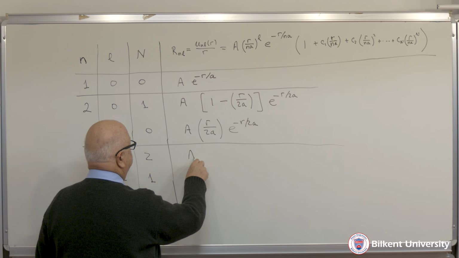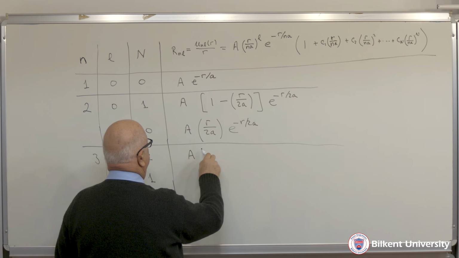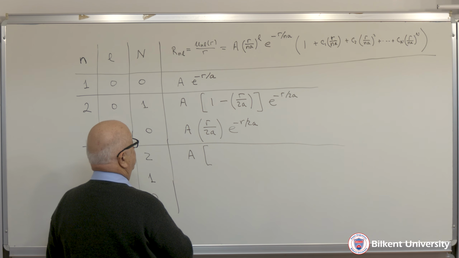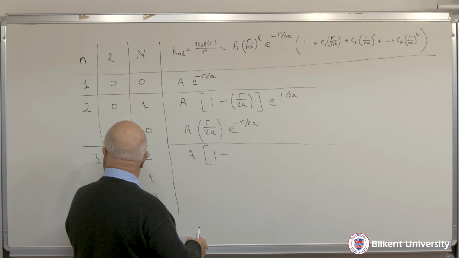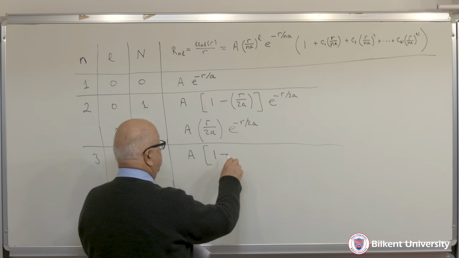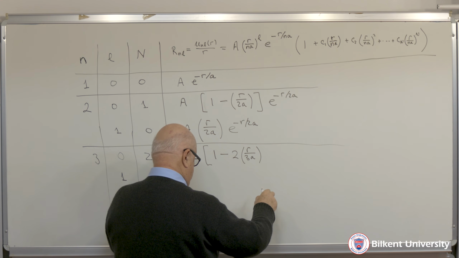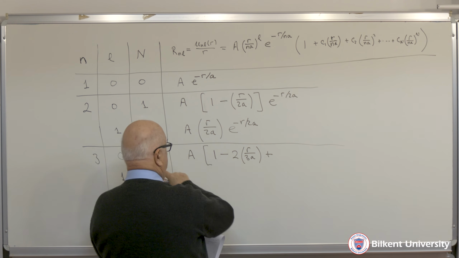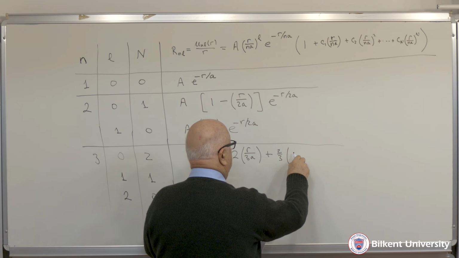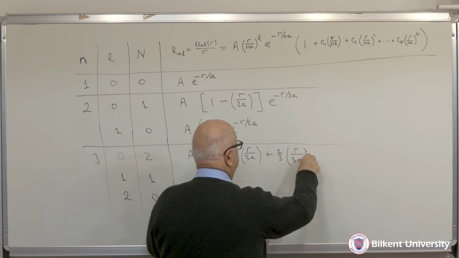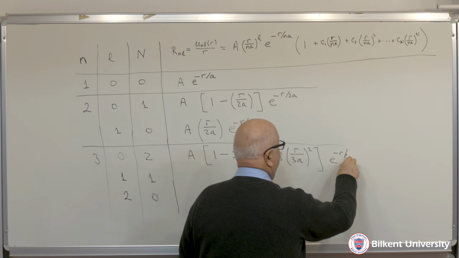For L equal to 0, there is no prefactor with r, and it's something with second order: 1 minus 2 r over 3a, plus 2/3 times r over 3a squared. And the exponential now is going to be e to the minus r over 3a.